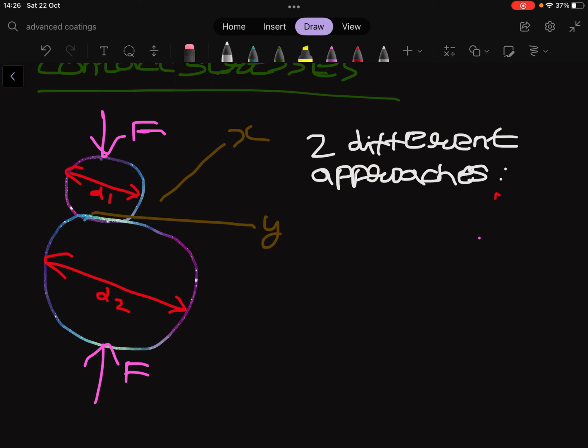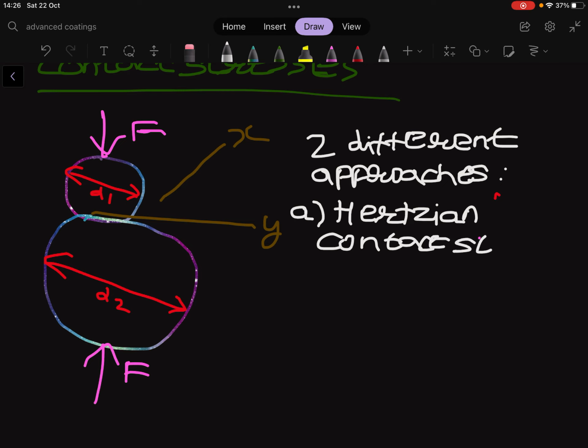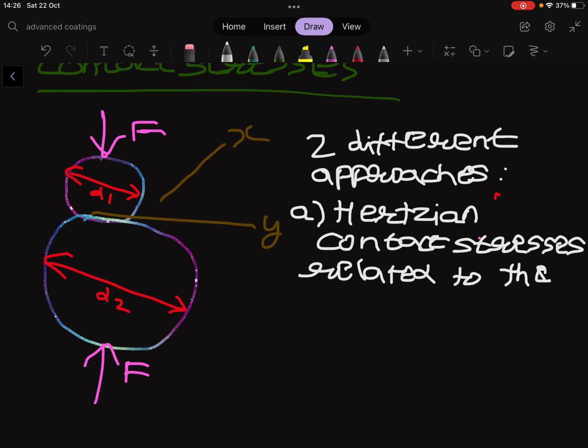First one is Hertzian contact stresses, which are related to macroscopic contact geometry.